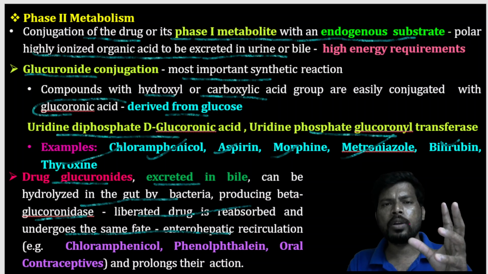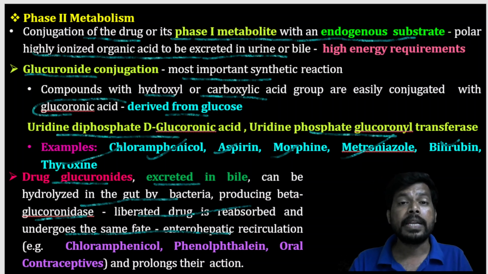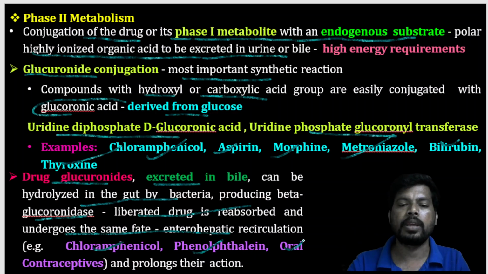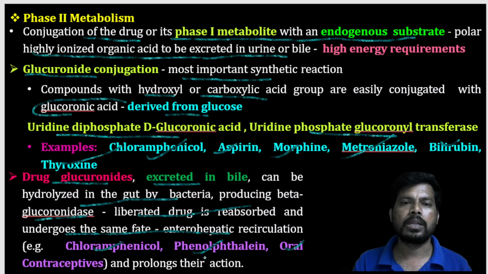The exogen will again be lipophilic, and because of lipophilicity it is again reabsorbed into the circulation through the intestine and liver, known as enterohepatic recirculation. Drugs like chloramphenicol, phenolphthalein, and oral contraceptives have this enterohepatic recirculation property, and because of this enterohepatic recirculation, the drug half-life is increased.